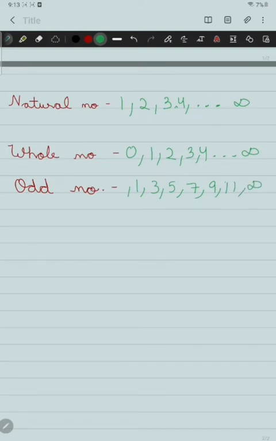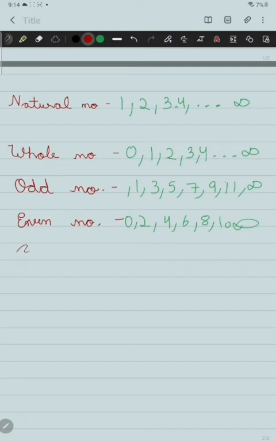These all are the odd numbers. Now even numbers. Even numbers are quite opposite of odd numbers. Even numbers are the group of numbers which are divisible by 2, such as 0, 2, 4, 6, 8, 10 till infinity. These are the even numbers.